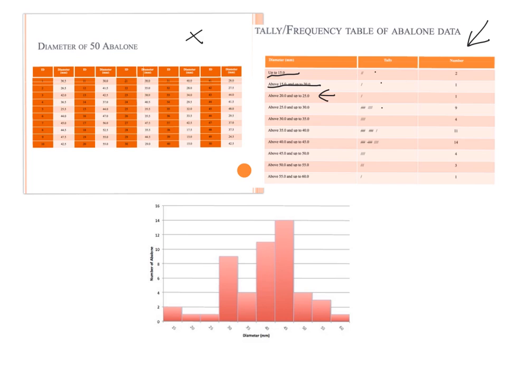From that we can draw the histogram, and this shows us quite clearly that a fair few of the abalone are between about 40 and 50 millimetres in diameter, and most of them are within this sort of range. So from the table we get something which we can quickly use to interpret.